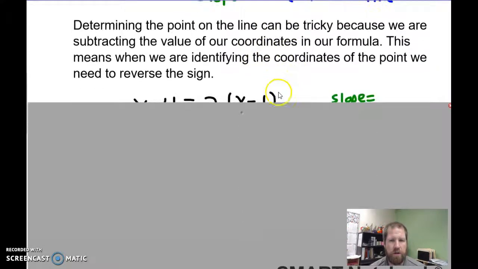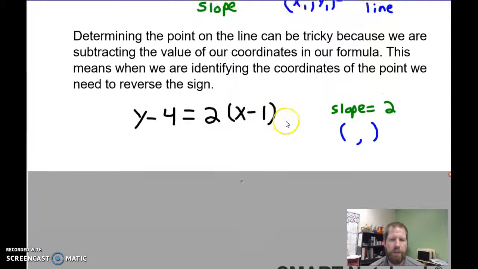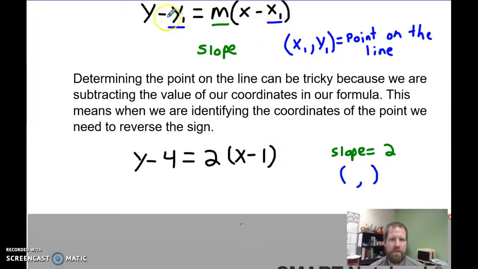So what we're going to do is, if this is my point-slope equation, first of all, I'm just going to say there's my slope. My slope is 2. But to find out my point, I've got to remember that the form of my equation is y minus y1. So I'm subtracting that value from y.